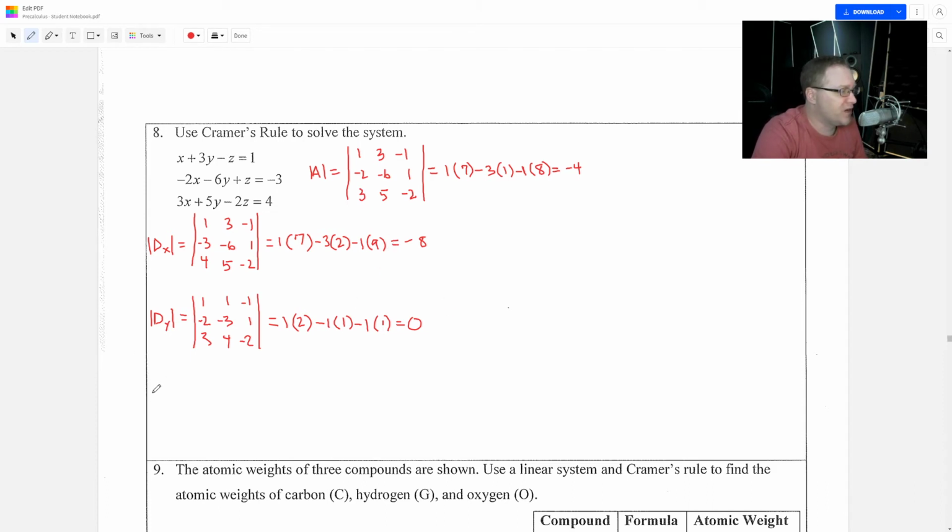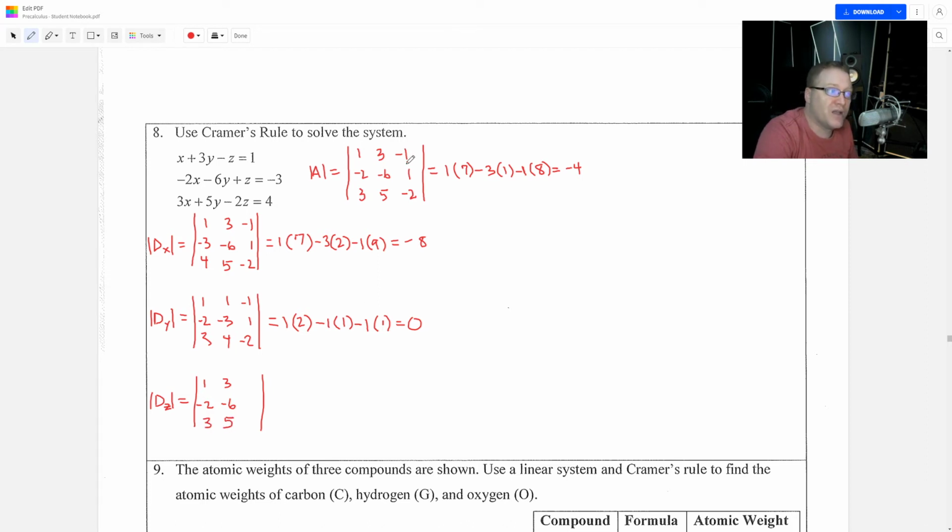Final thing we need to find now is dz. We want to find the determinant of dz. Now how do we find dz? Remember, it's going to be the same as this one. So we're going to have 1, 3, negative 2, negative 6, 3, 5.